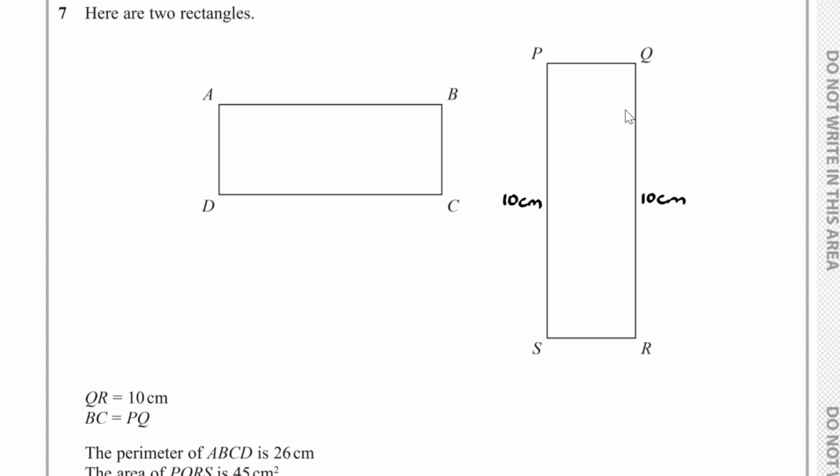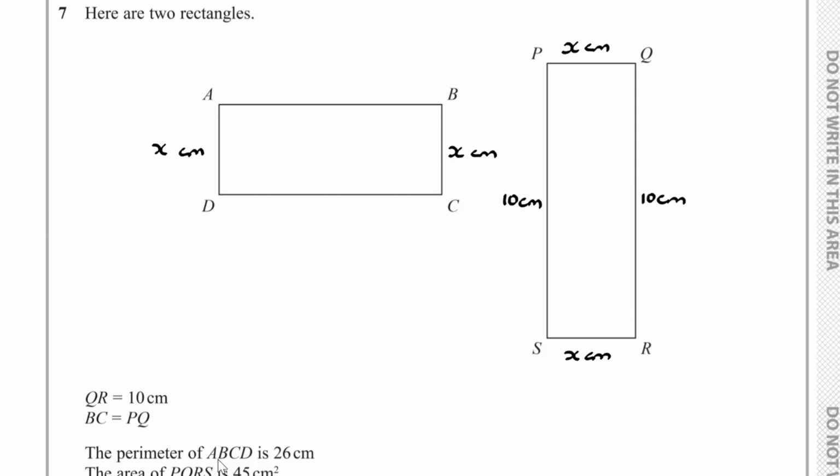So if we say that the length PQ is X centimeters, we can therefore conclude BC is also X centimeters. And because we have a rectangle, SR is also X centimeters, and AD is also X centimeters.